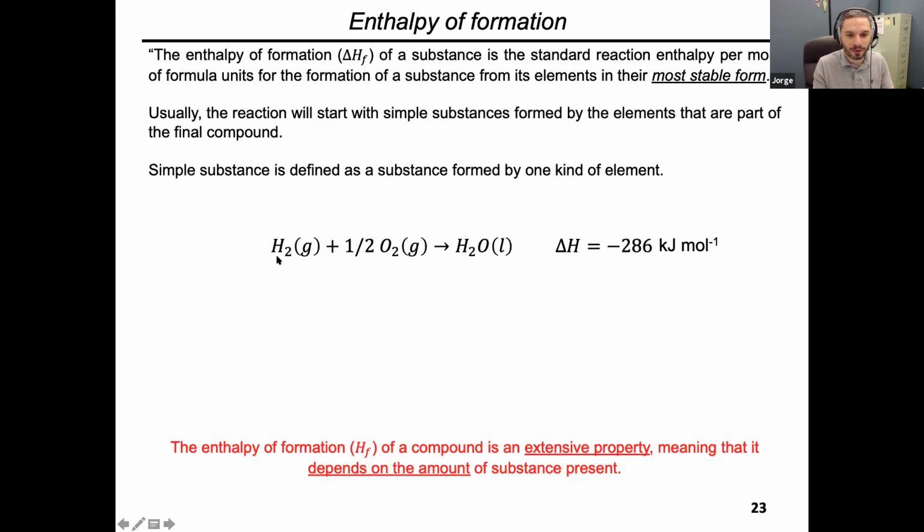So we are starting with only simple substances, and the only product is a complex substance, a substance formed by more than one element. Therefore, when we have this kind of reaction, we are determining the enthalpy of formation for water.